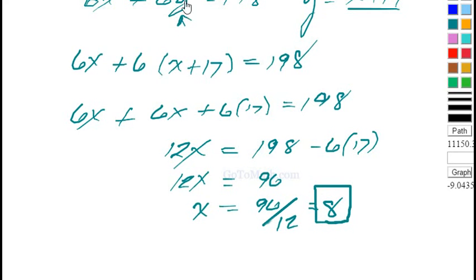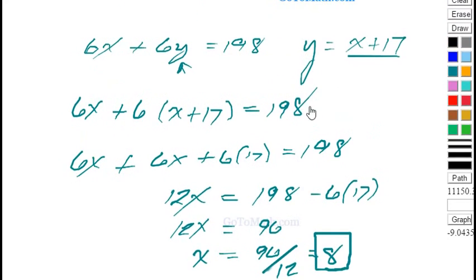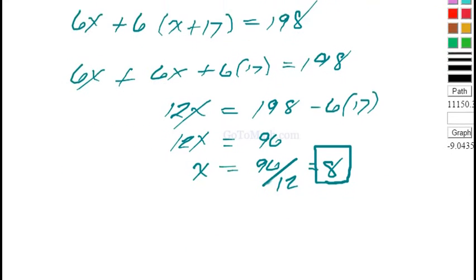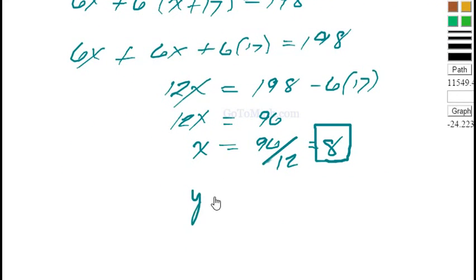Now the question is, what is y? We need to know what is y. Well, we can take this 8 now and plug it right on in up here to y, which is x plus 17. Y is equal to x plus 17. So this becomes 8 plus 17.